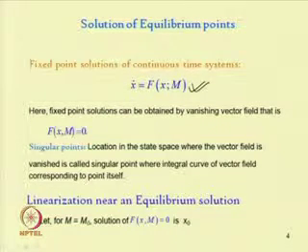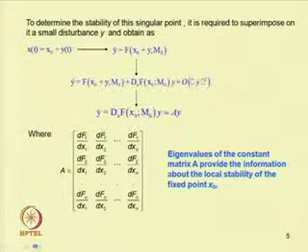Whether these equilibrium positions are stable or unstable, we can determine by linearization near the equilibrium position. We perturb the solution near this equilibrium position x equal to x0, find the Jacobian matrix, and by finding the eigenvalues of the Jacobian matrix, we can tell whether the system is stable or unstable.